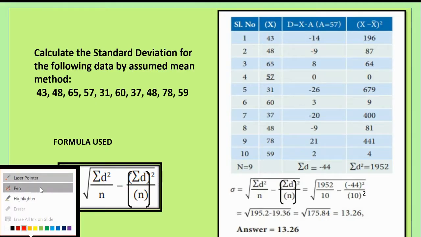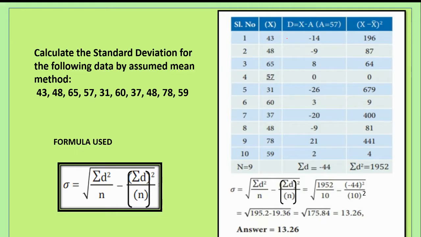So how do you calculate this? What is your x? 43. Write 43 minus 57. That is your assumed mean. Assumed mean can be any number from this column, and here it is 57.